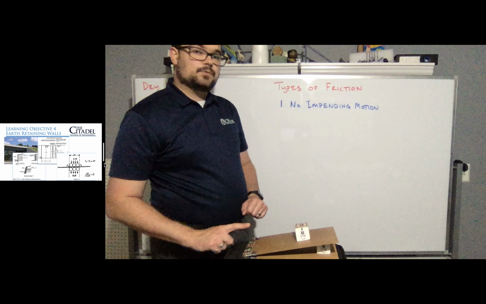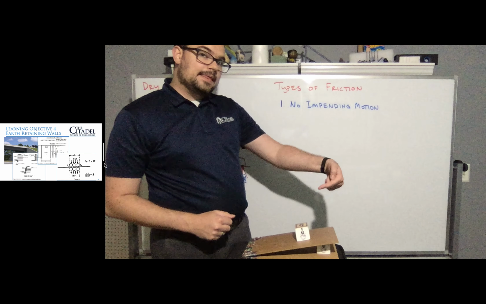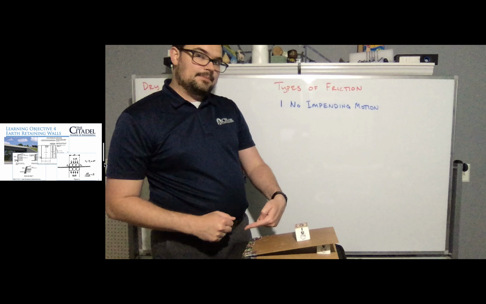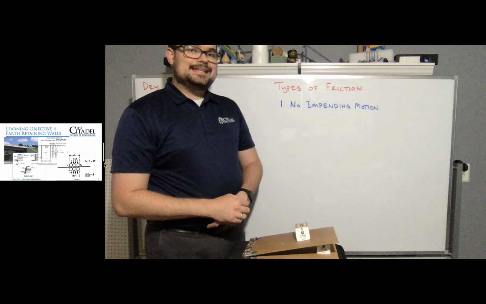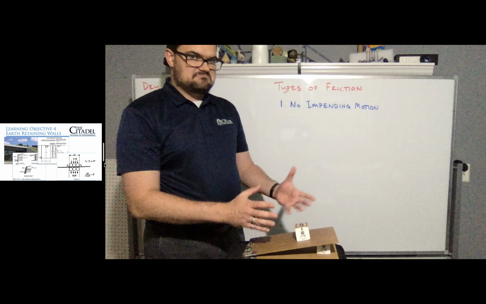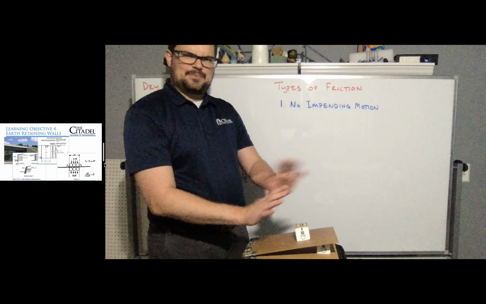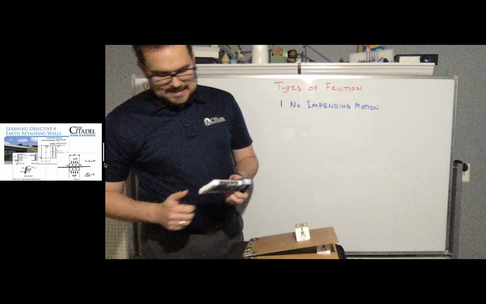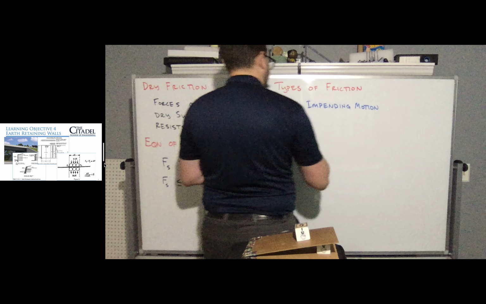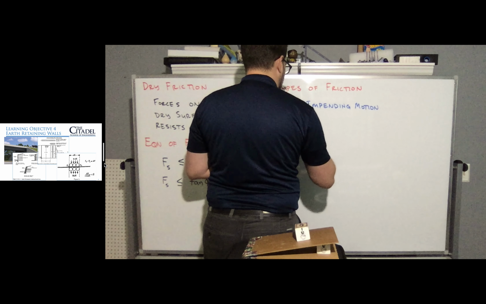Then we have the friction force, in this case pointing up the ramp. The object naturally wants to slide down the ramp, but friction is pushing up. Because there's no impending motion, nothing's about to happen, it's just sitting there, we can solve for it using our equations of equilibrium.